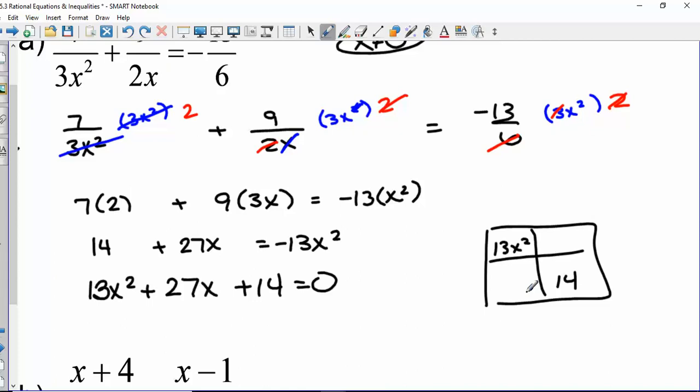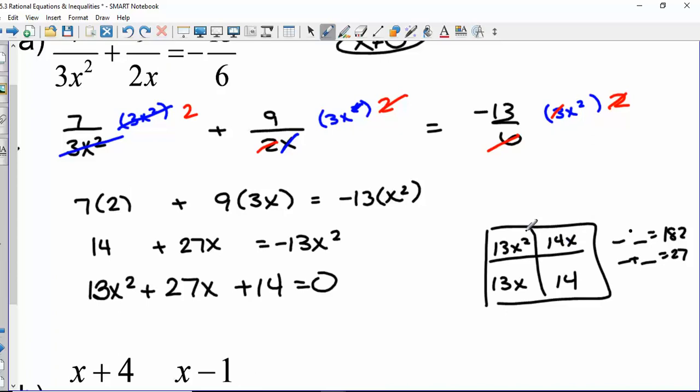Okay, so 13 times 14, we need two numbers that multiply to 182 and add to 27. Anybody see it? 13 and 14.